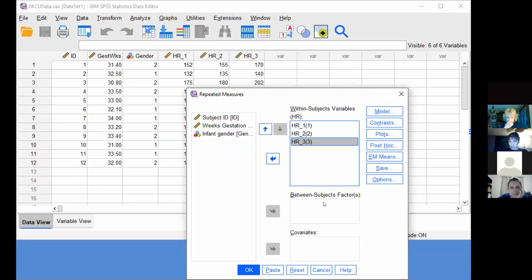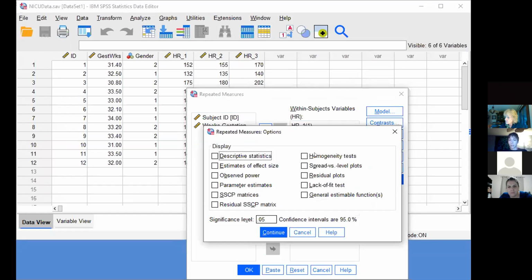And in this between subjects factor box, that's where we put the infant sex, the gender, and then in options, that's where we choose the homogeneity tests and confirm our significance level.